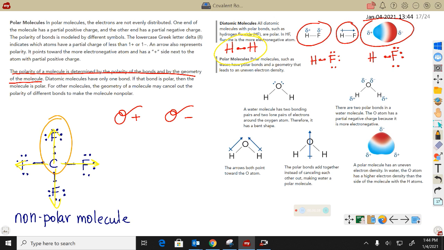4 groups of electrons makes me think tetrahedron. Now, we don't draw our dot structures in 3D because that would be a little tricky. But when I think of a tetrahedron, I'm really picturing this little rocket ship. If I try to draw it in 3 dimensions, it's not flat.